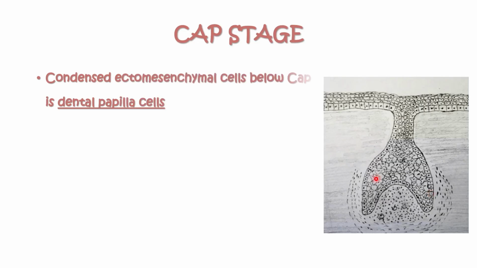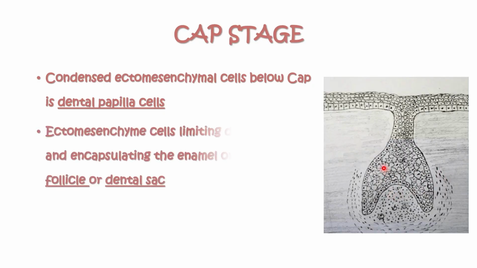In cap stage, the cells present just below the cap are known as dental papilla. These are the dental papilla cells. There are also ectomesenchymal cells surrounding both the enamel organ and dental papilla.